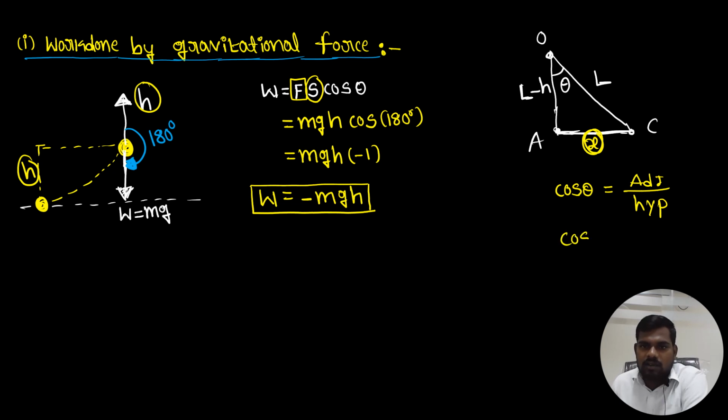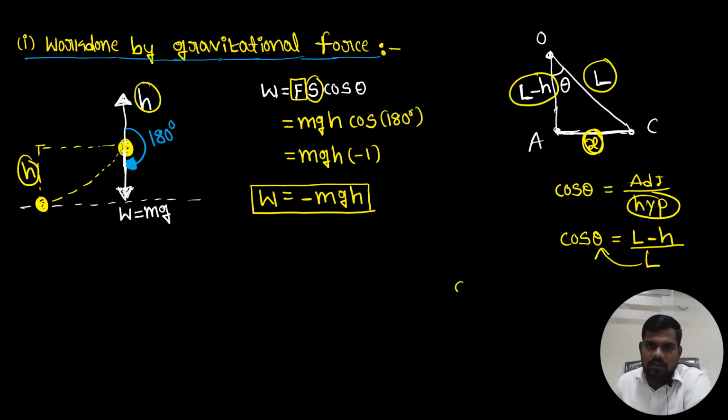Cos theta is equal to the adjacent side, L minus H, divided by the hypotenuse, which is L. Now take the cross multiplication: cos theta into L is equal to L minus H. Then H is equal to L minus L cos theta.